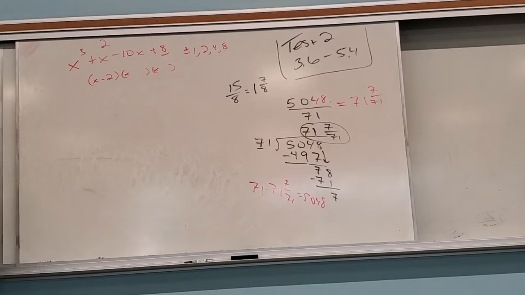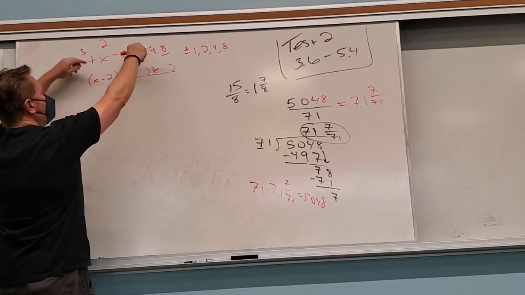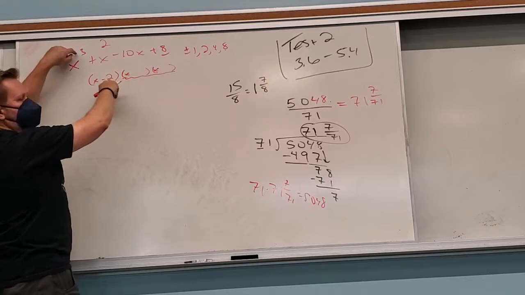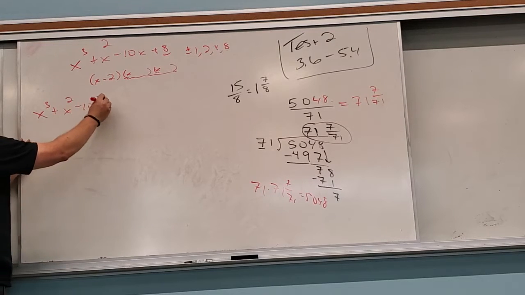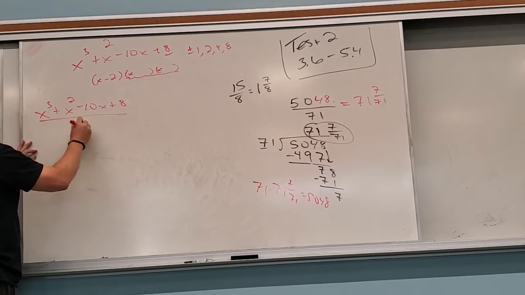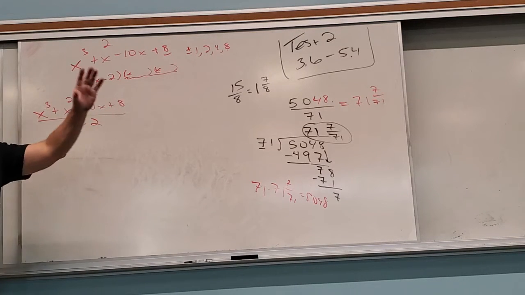Does it have to be? No. So watch. How would I figure out what this other stuff is? I could take this and divide it by this. And how do I do that? Exactly like we did over there.